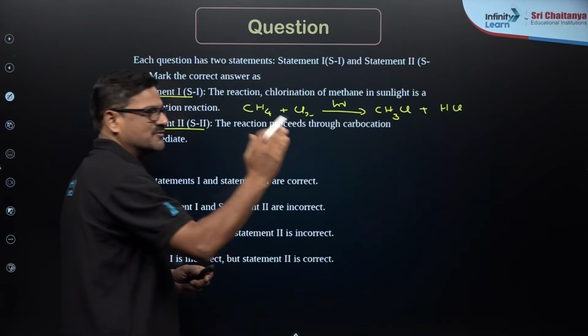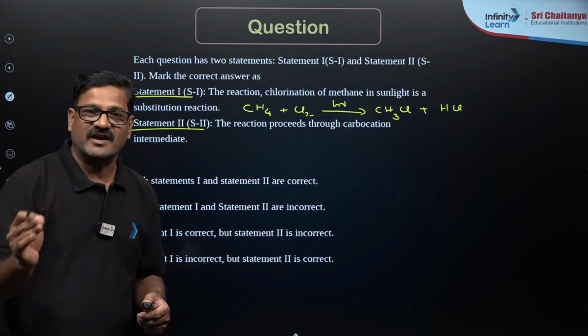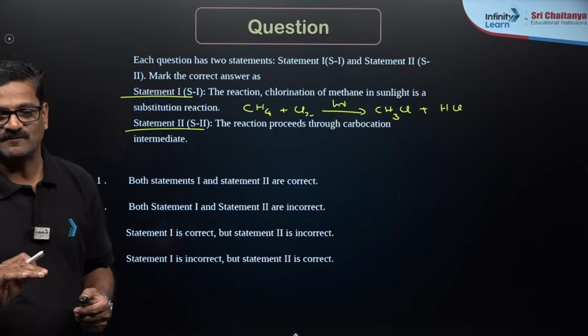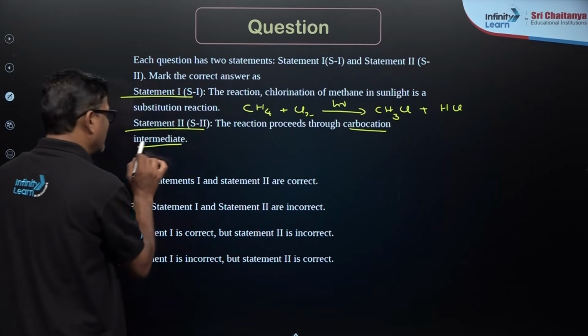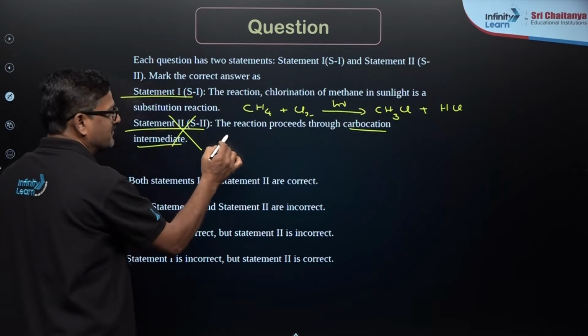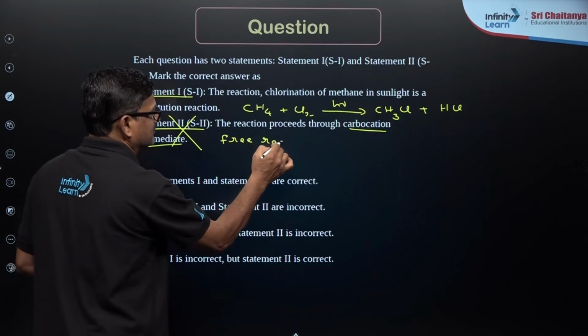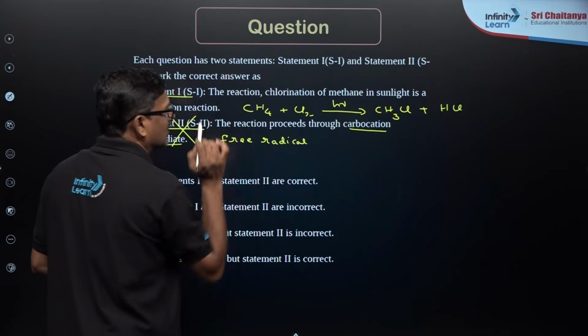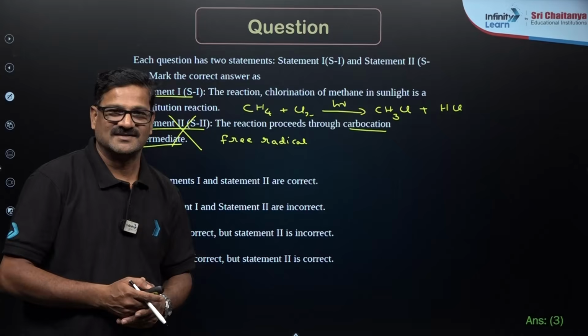It is a substitution reaction, a free radical substitution reaction. It is given that it goes through a carbocation intermediate, which is not correct. It is a famous free radical chlorination. So statement 1 is correct, statement 2 is incorrect.